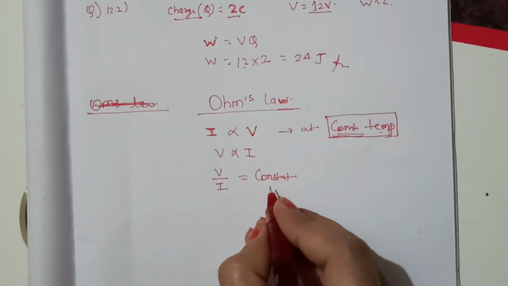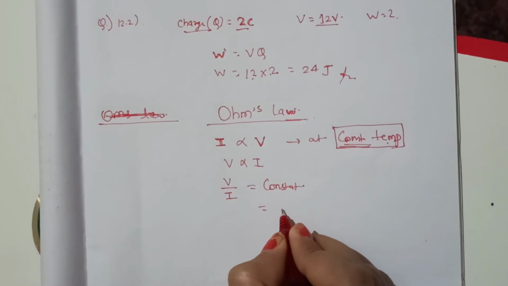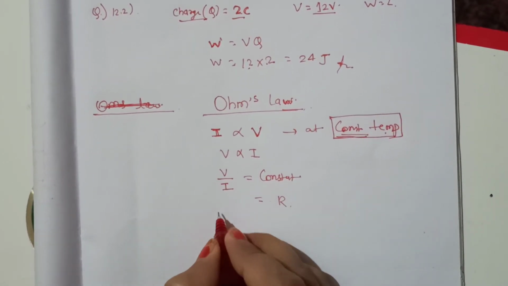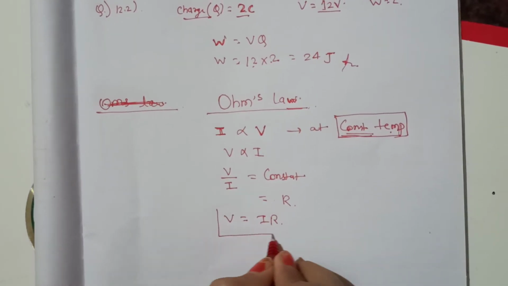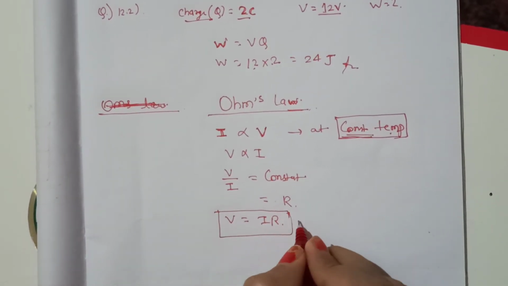This constant we call R, so V equals I into R. This is the Ohm's law proof.